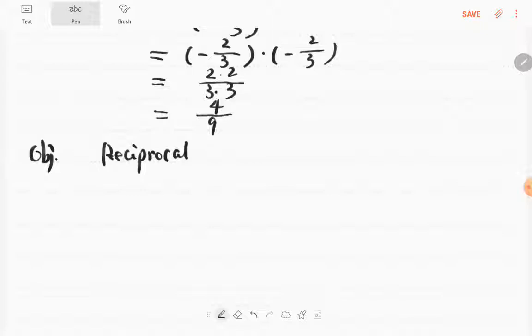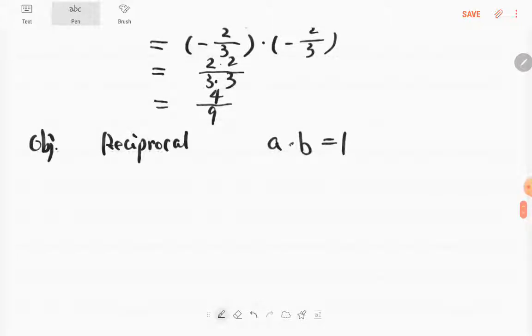The definition of reciprocal is if A times B is equal to 1, then we will say the 2 numbers are reciprocals. If the product of 2 numbers is 1, then we call these 2 numbers reciprocals.